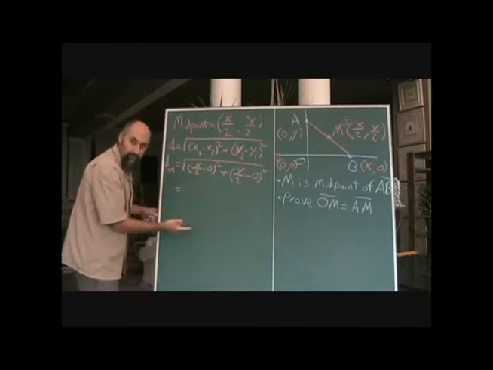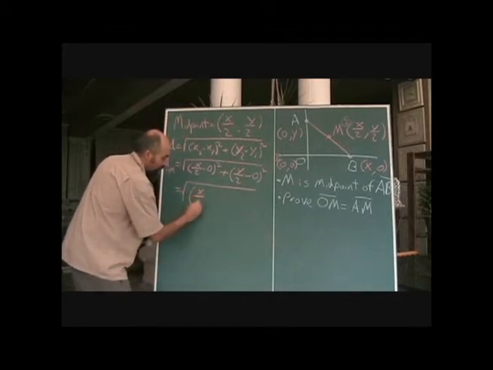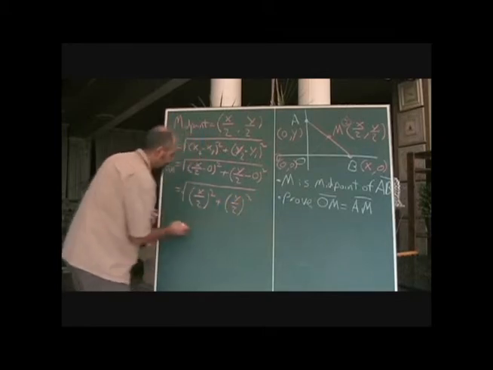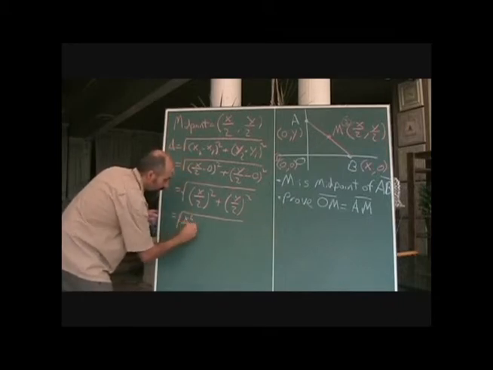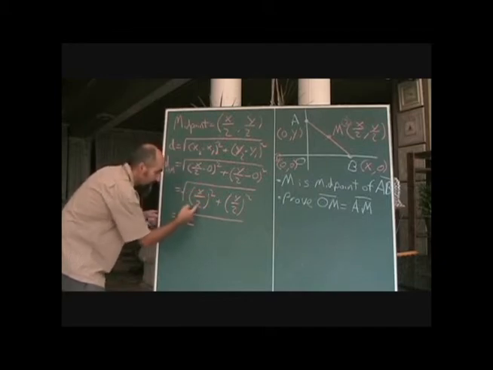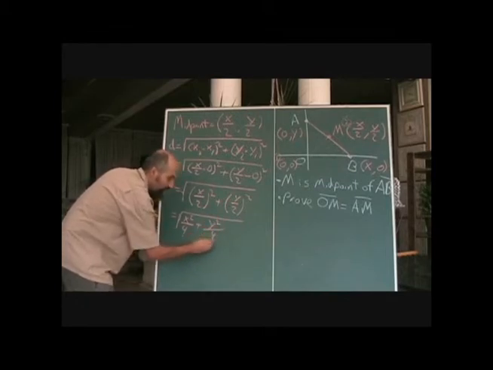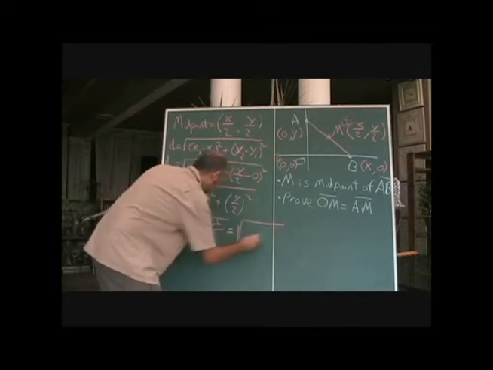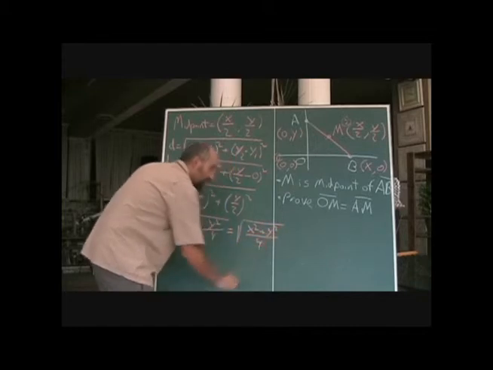Now, x over 2 minus 0 is just x over 2, so this becomes the square root of x over 2 squared plus y over 2 squared. When you do squares, this applies to this and this. So that becomes x squared over 4, plus y squared over 4. And you can simply write this as the square root of x squared plus y squared, over 4.